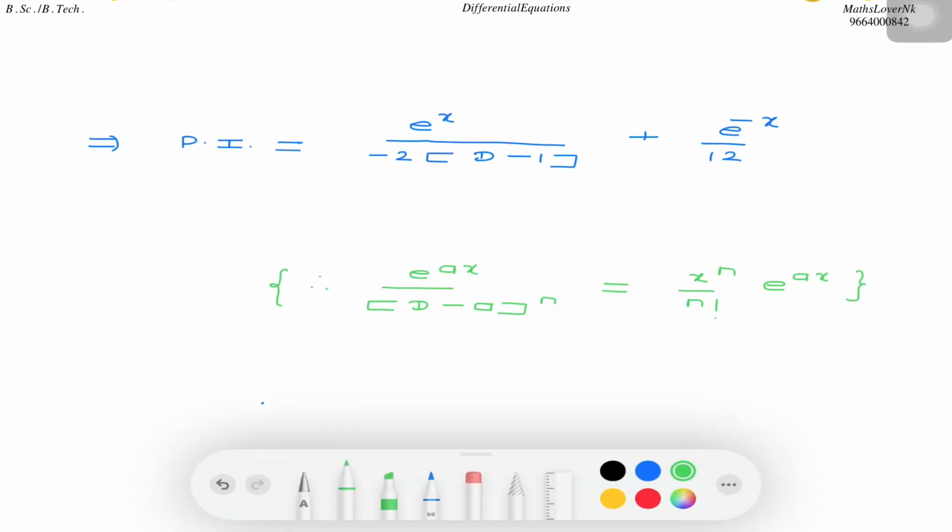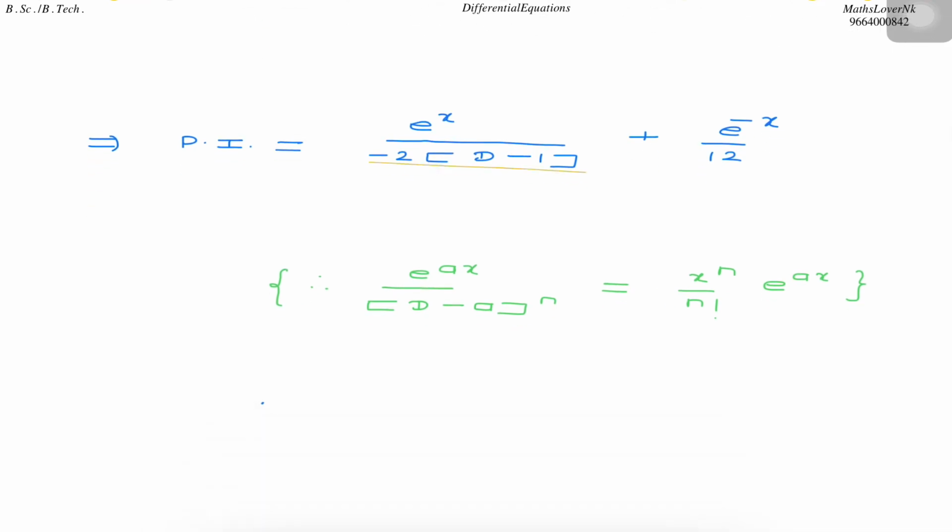Now the solution is PI is equal to minus 1 by 2 into x to the power n. So x to the power n is x to the power 1 into e to the power x, plus e to the power minus x upon 12.